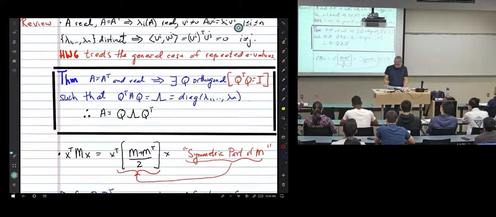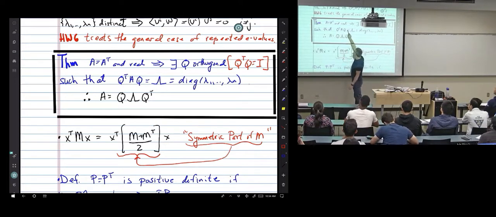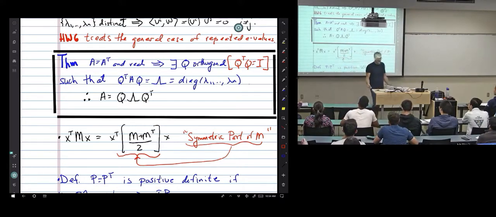And so when it's orthonormal, its inverse is trivial. It's just a transpose. Instead of having M inverse A times M, we have Q transpose A times Q equals a diagonal matrix. So A is similar to a diagonal matrix through an orthogonal transformation. So it's just a change of basis.